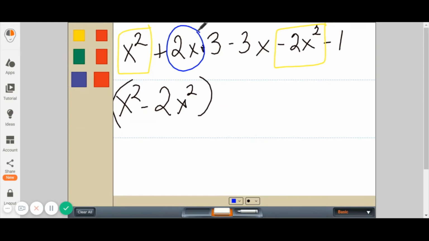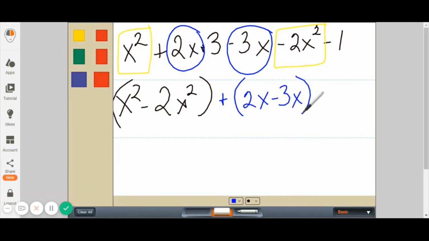So I have a positive 2x and a negative 3x. So I can say that I'm going to add 2x and subtract 3x. And then my last term is units. So I have a positive 3 and a negative 1. So I am going to group those together and simplify.